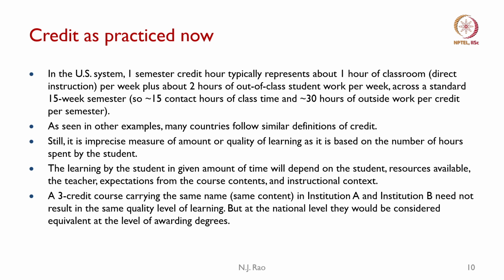The management may give some extra instructions saying that you shall do that, and that will also greatly influence what the student learns. A 3-credit course carrying the same name, same content also, in institution A and institution B need not result in the same quality level of learning. But at the national level, they would be considered equivalent at the level of awarding degrees.